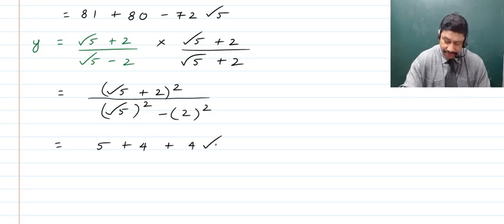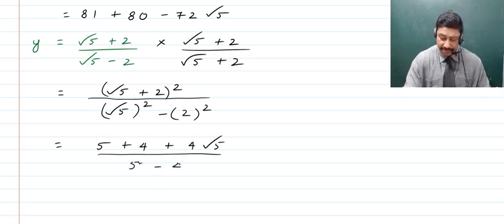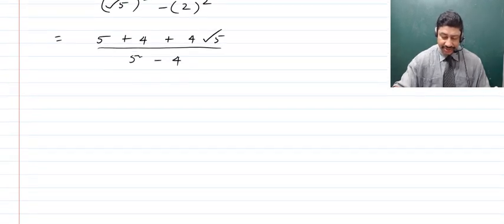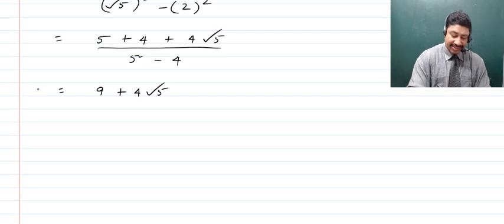In the denominator we will have root 5 square, which is 5, and 2 square, which is 4, and as 5 minus 4 is 1, this will give us just 1 in the denominator, which we need not write as 1 is the multiplicative identity. So we will now have 9 plus 4 root 5, which is now the value of y.